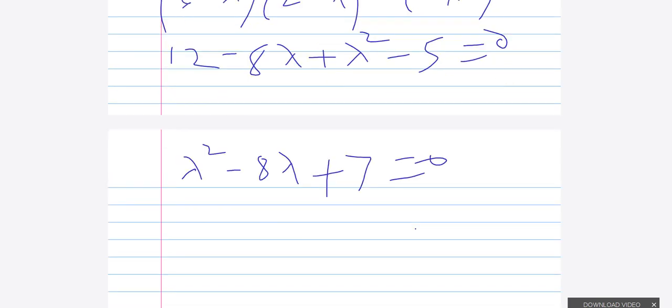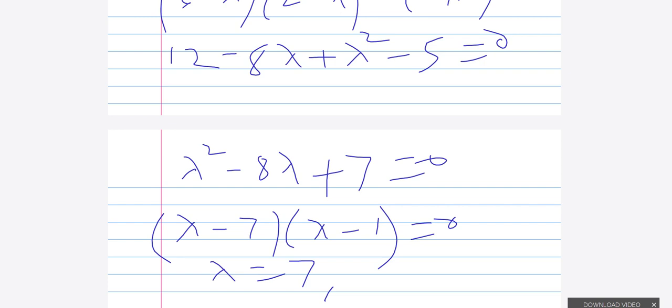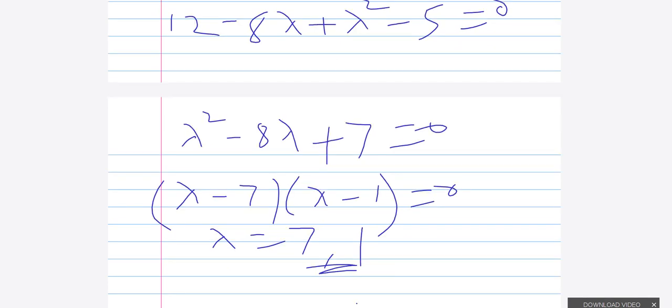What solves this? You have (lambda minus 7) times (lambda minus 1): minus 7 times minus 1 is plus 7, and minus 7 minus 1 is minus 8, equals 0. So your lambda is 7 and 1. These are the two values, because I told you if you have a 2 by 2 matrix, you're going to get 2 eigenvalues. If you have a 3 by 3 matrix, you're going to get 3 eigenvalues. So the answers here are 7 and 1.